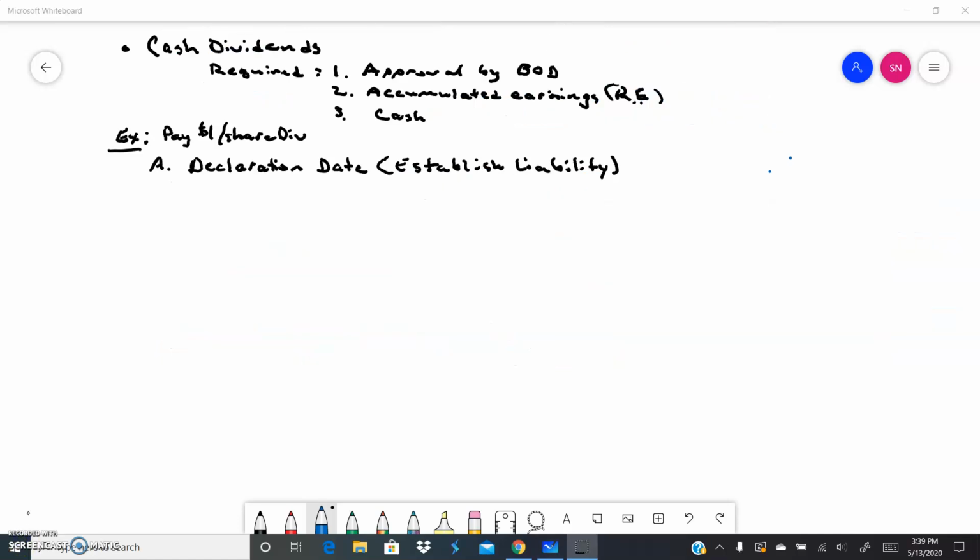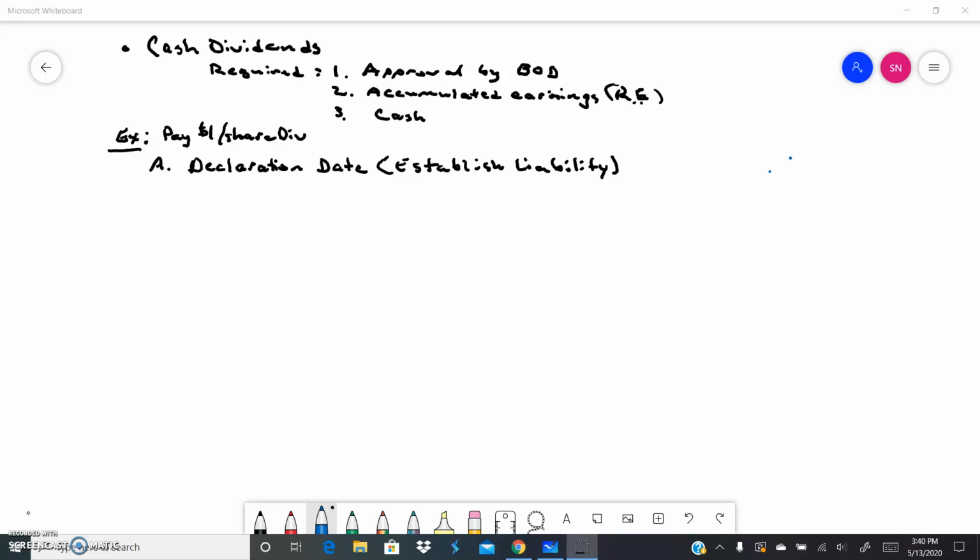All right, the second type of corporate transaction that we're going to look at is the payment of a cash dividend. There are other types of dividends, such as stock dividends, but we're going to limit our discussion only to cash dividends for the purpose of this course. So a cash dividend is what we've talked about in previous chapters.